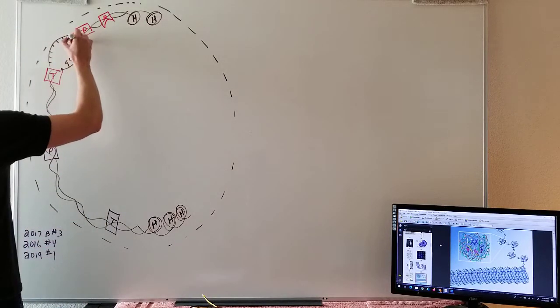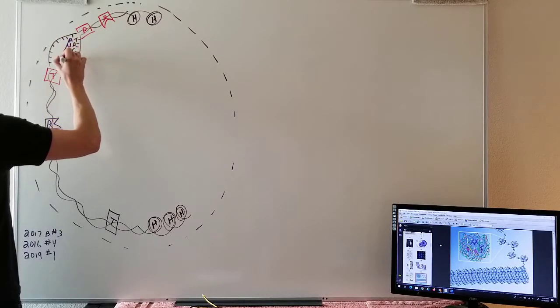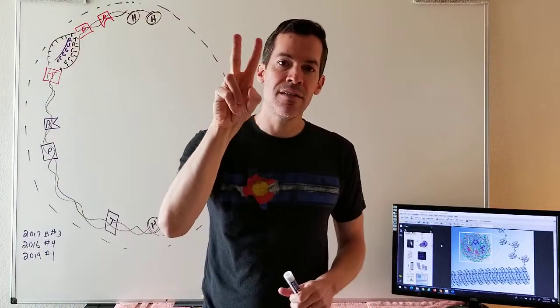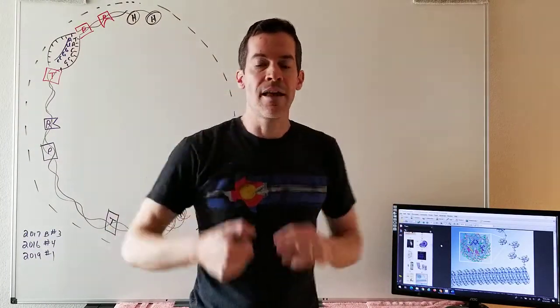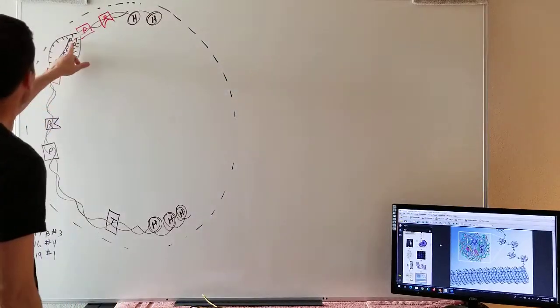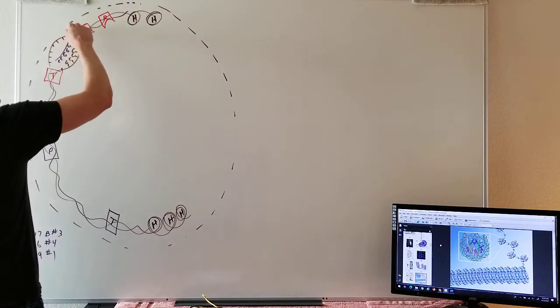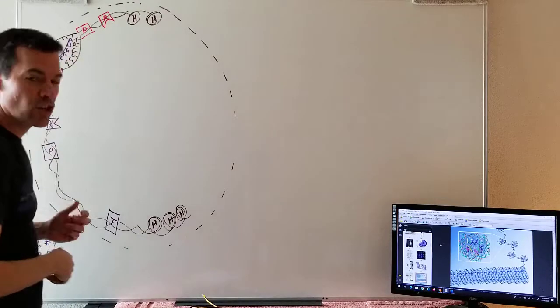So the corresponding piece of RNA would be A, U, G, G, G, C. Remember, in DNA, the base pairs are A with T, G with C. And then in RNA, it's A with U and G with C. So I'm cruising along here. My RNA polymerase will land, start cruising along, and start adding in the RNA nucleotides. It knows to stop when it gets to the termination sequence.